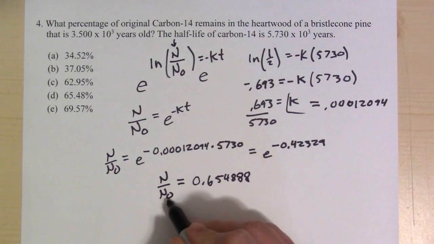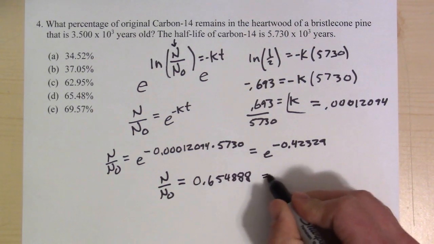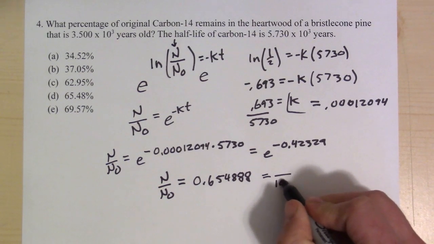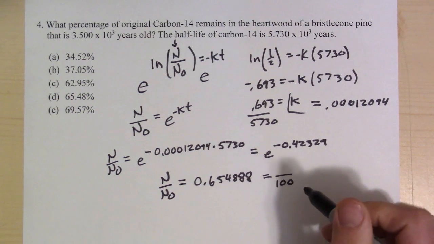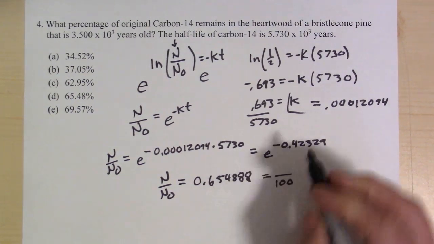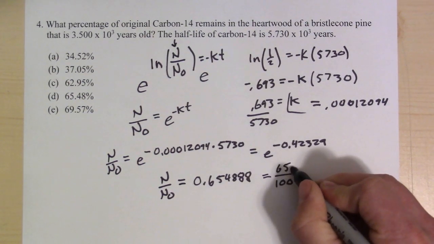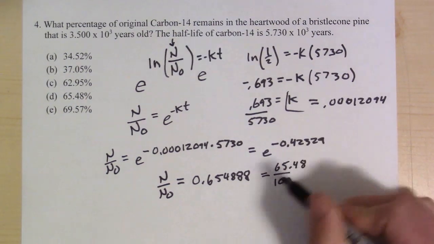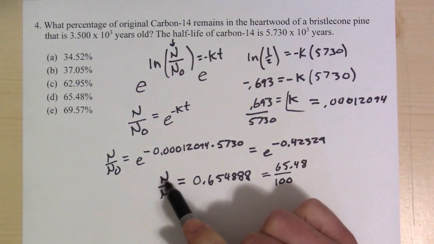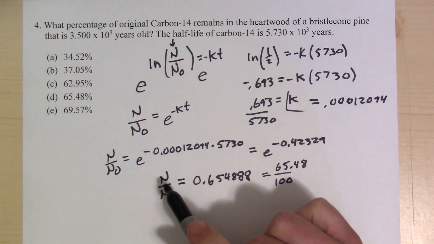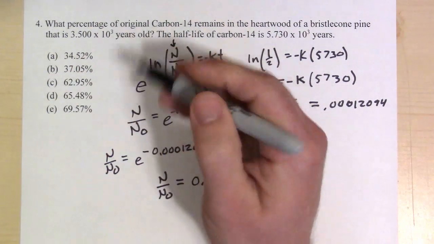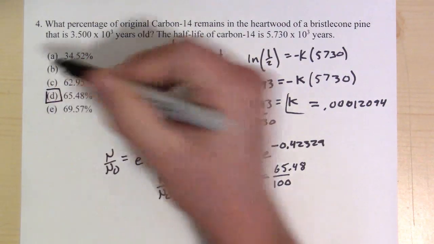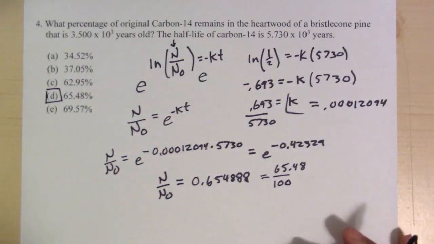So when we set N0 equal to 100, it could be any arbitrary number, but to make our percentage calculation easier, we find that 65.48 is the percentage of carbon-14 that remains. So that matches here with answer choice D, 65.48%.